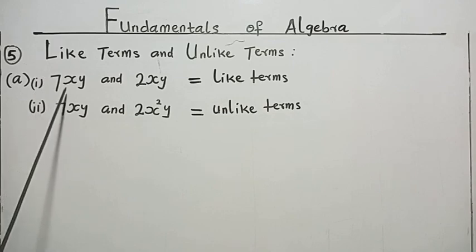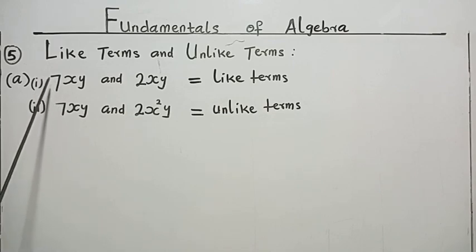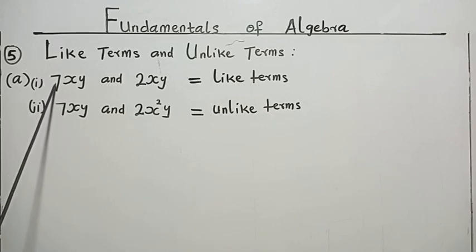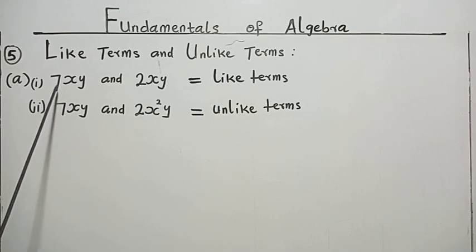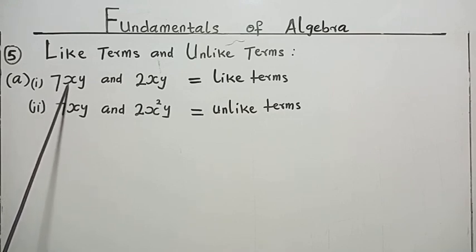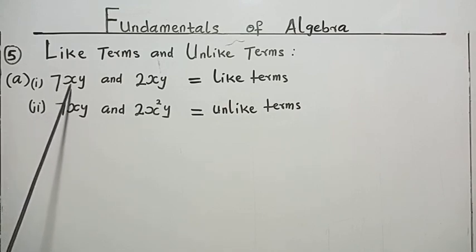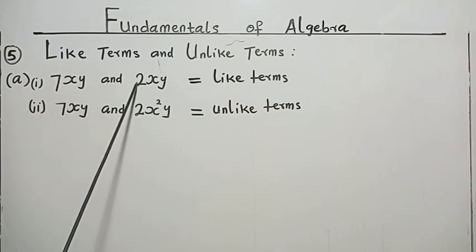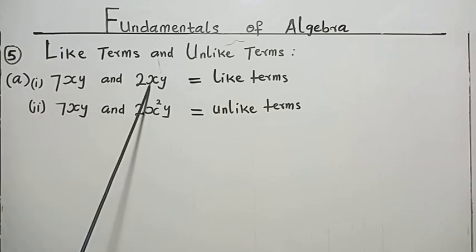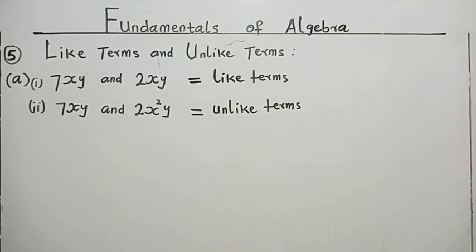In 7xy, we can take it that 7, being a constant, is a coefficient of xy, meaning 7 is telling us how many xy's that we have. And in the second case, 2 is telling us how many xy's that we have.